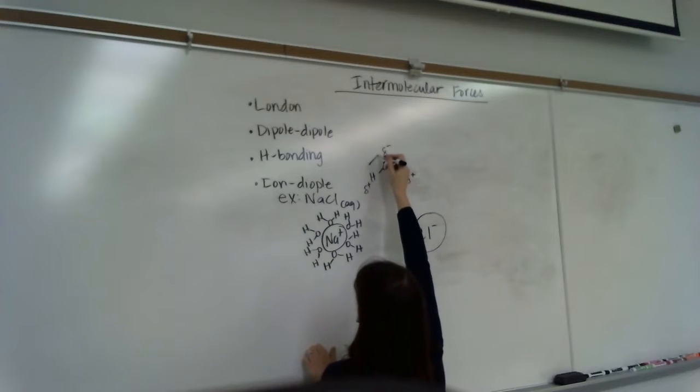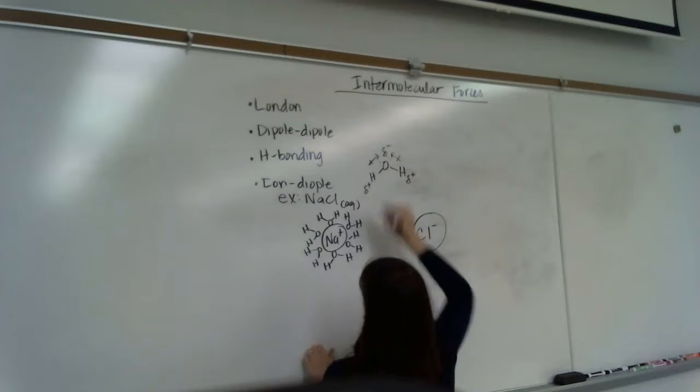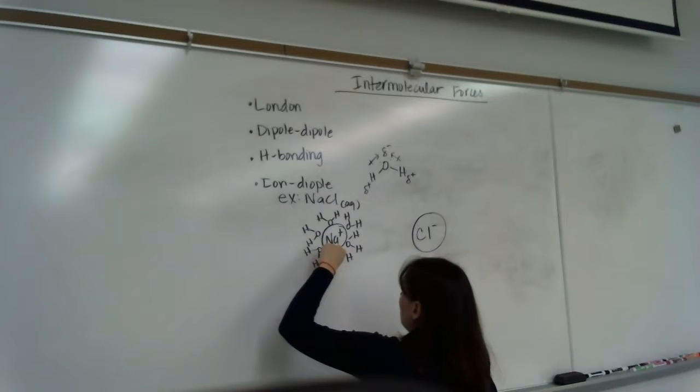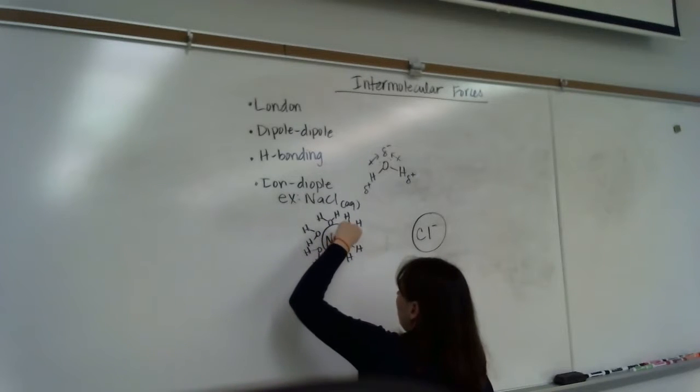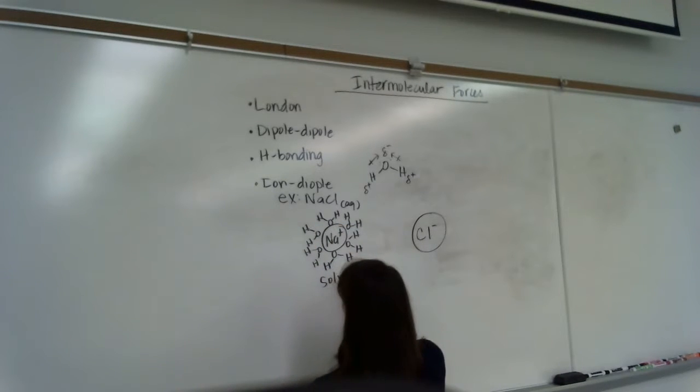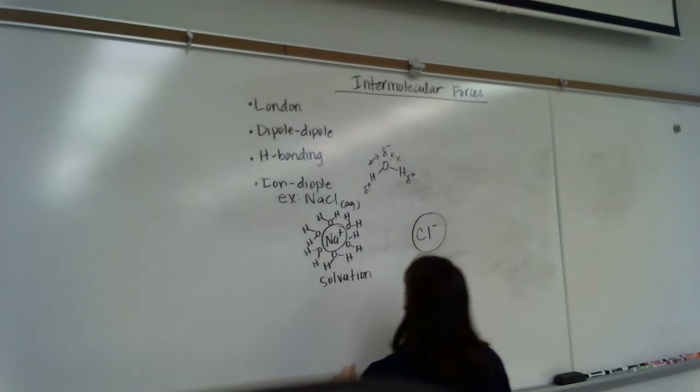Right? You've got a large positive here. So why would the negative, large negative here, why would the negative face in? This is positively charged cation. This is the negatively charged dipole, right? So they are attracted to each other. This process is called solvation because water is the solvent.